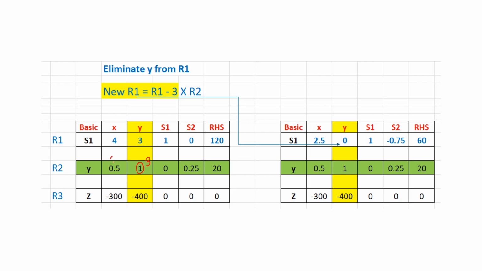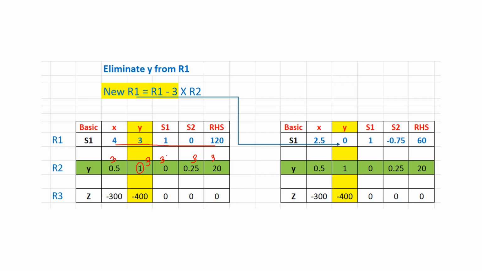So similarly, you multiply this by 3, this element also multiplied by 3, this is also multiplied by 3. Then you are subtracting it from this row. You are getting 2.5, 0. How you get 2.5? 4 minus 3 into 0.5. That is 4 minus 1.5. You get 2.5. 3 minus 3 into 1, 0.